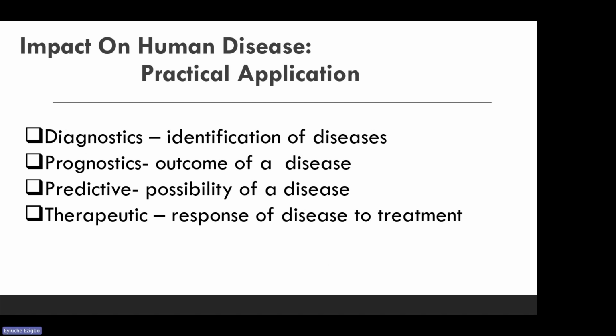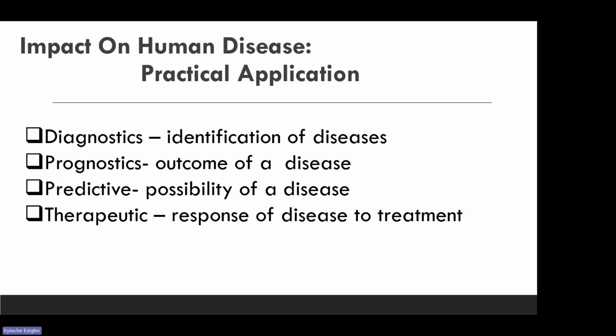Okay, impact on human disease, practical application, that is in diagnostics and in prognosis, to predict the outcome of a disease. There are some persons, knowing their genetic makeup will help you to predict that this patient may respond well to treatment.